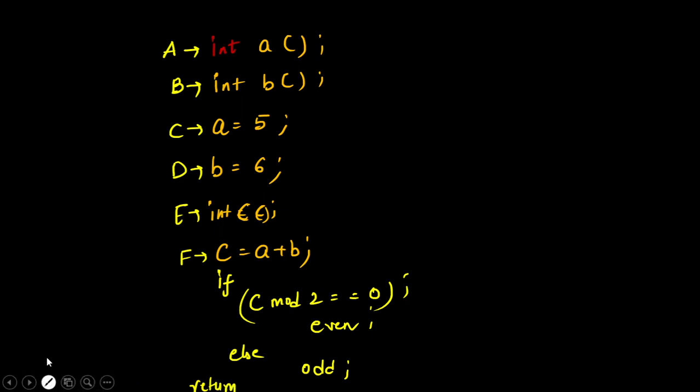So this becomes F, then this if becomes G, then this is H, then I, then J, then K.